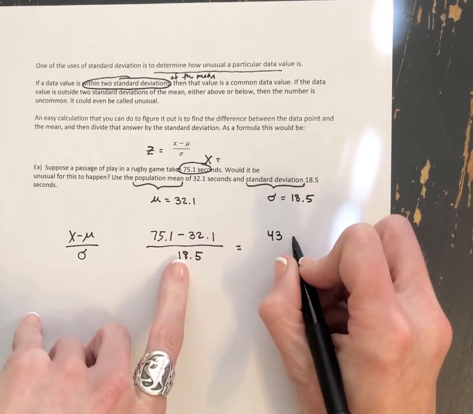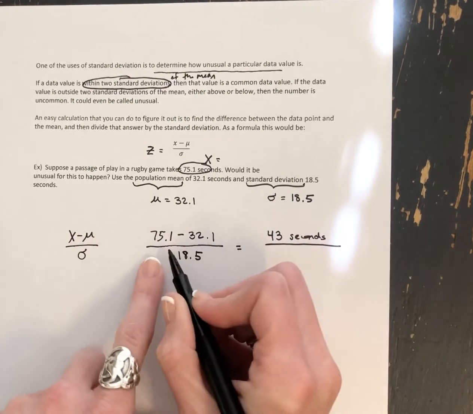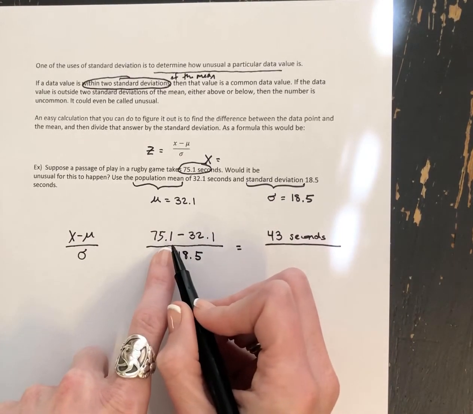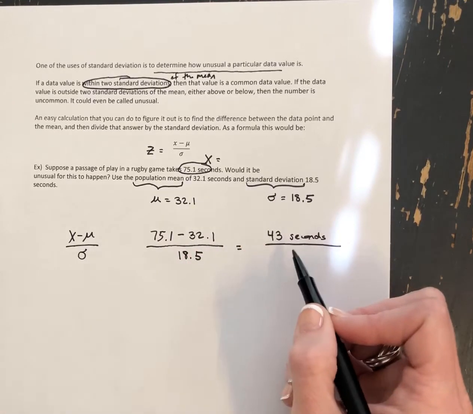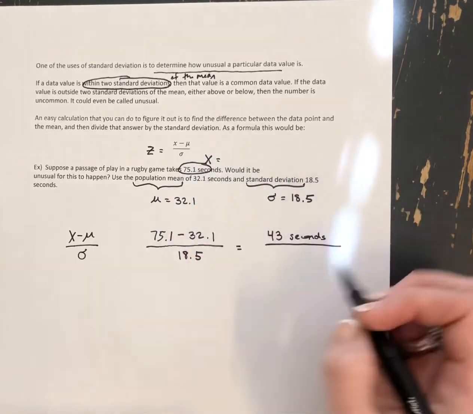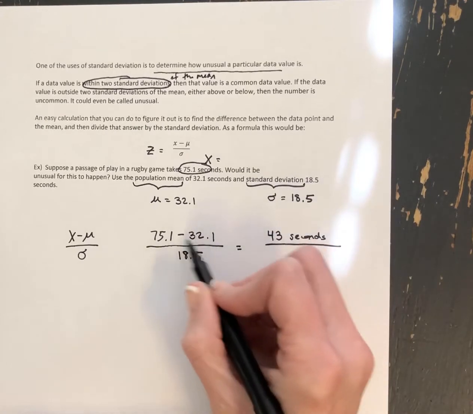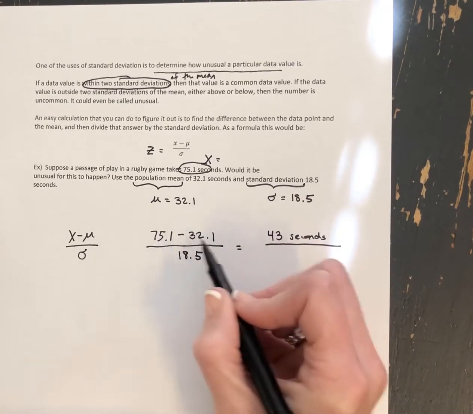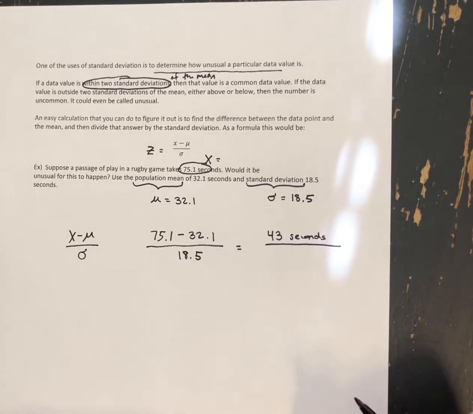Those units are seconds, right? So if I take the difference between 75.1 seconds and 32.1 seconds, I get 43 seconds. So what we just determined is that this particular rugby play was 43 seconds longer than the average, longer because it was positive.